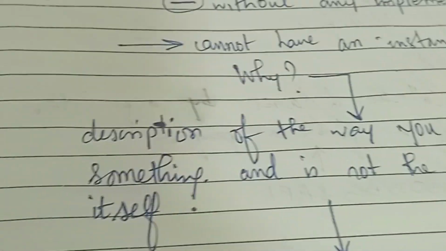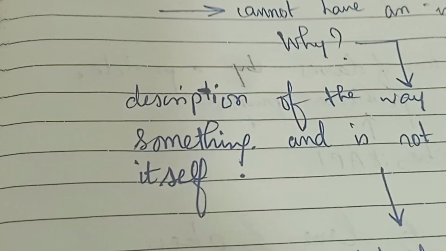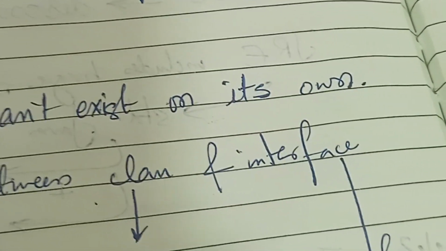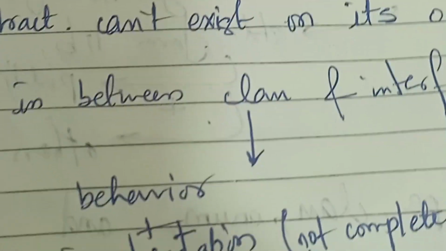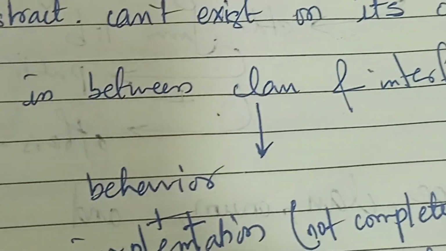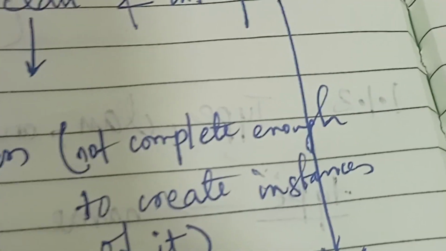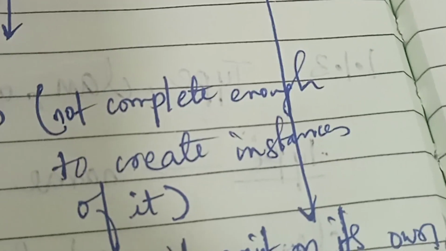Other than the above three types of class, enum and interface, there is another type called abstract class, and it is somewhere in between class and interface. It has behavior and implementation, but the implementation is not complete enough to create instances of it, so this also cannot exist on its own.